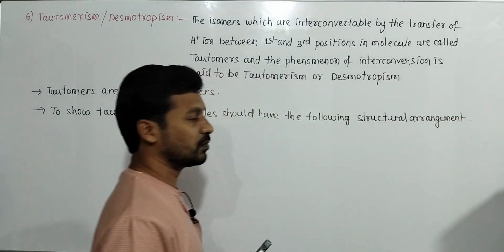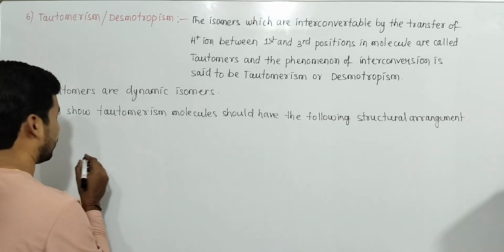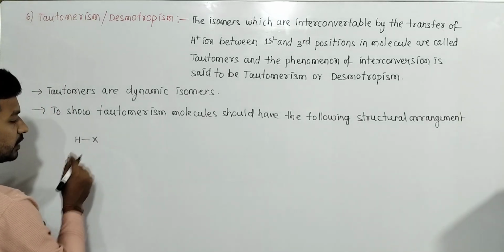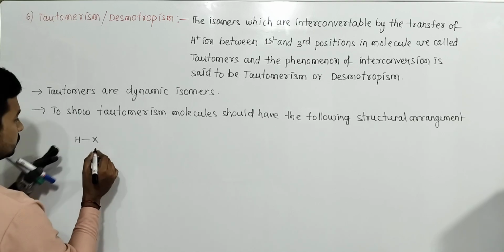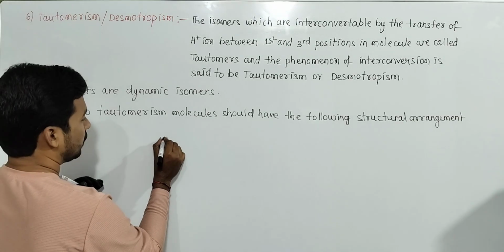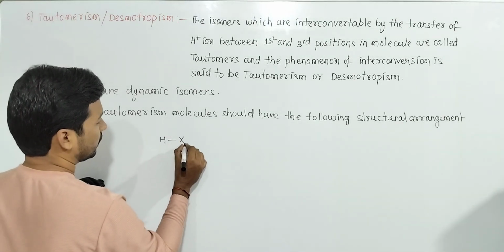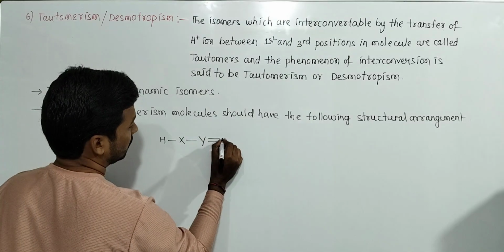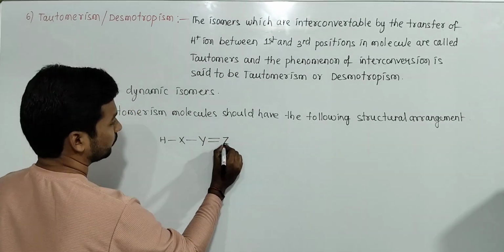Then only tautomerism is possible for the molecule. That is, a hydrogen atom that is attached to X atom, attached to Y atom, double bonded with Z atom in this case.